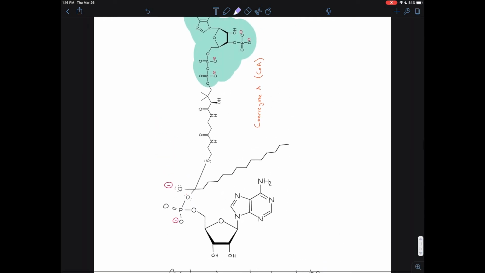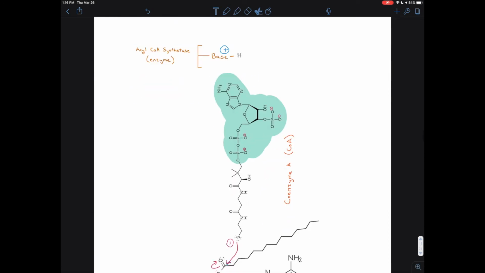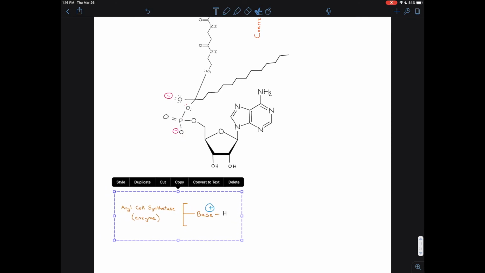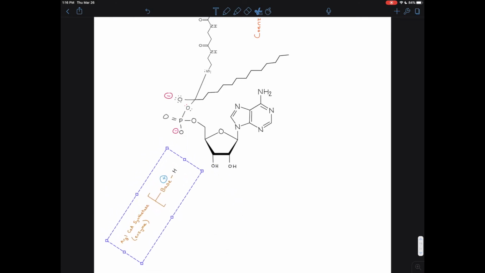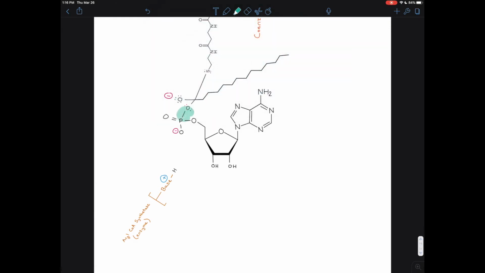Okay. Well, the base of our acyl-CoA synthetase still has that positive charge, and what it can do is donate that to what is going to become our leaving group. So our leaving group is this whole thing here.